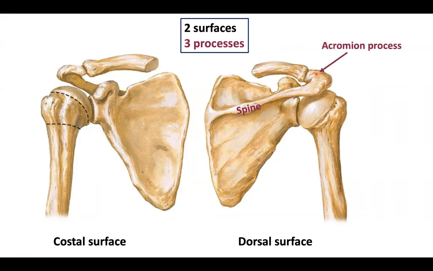And acromion process forms the apex of our shoulder. And the third process is coracoid process. As you see, the coracoid process looks like a bent finger, and it points towards the shoulder joint. So scapula has these 3 processes: spine, acromion process, and coracoid process.